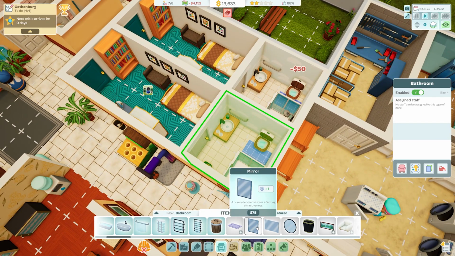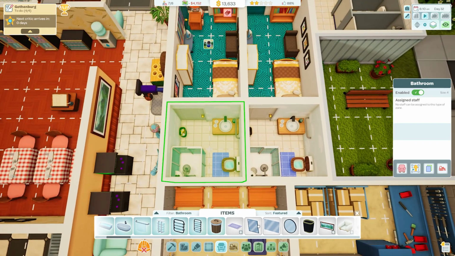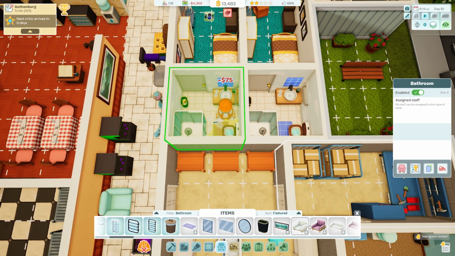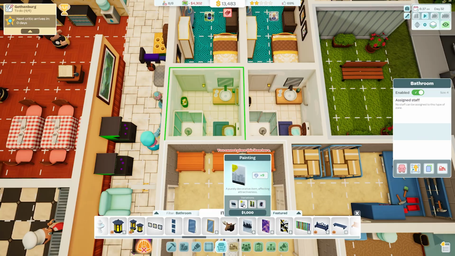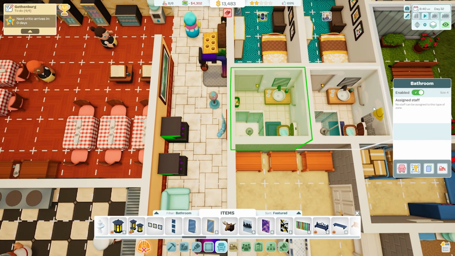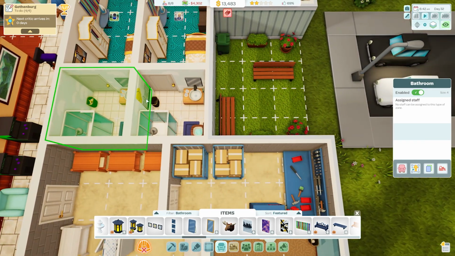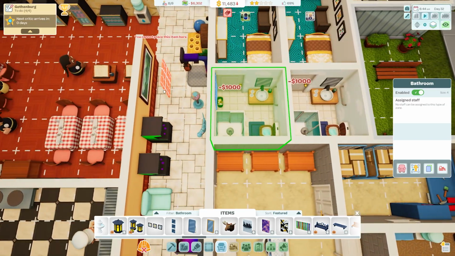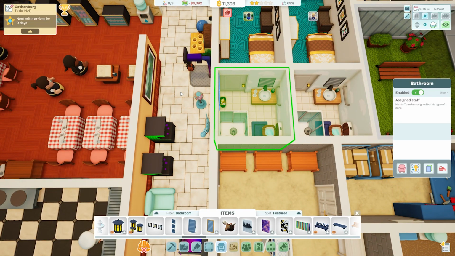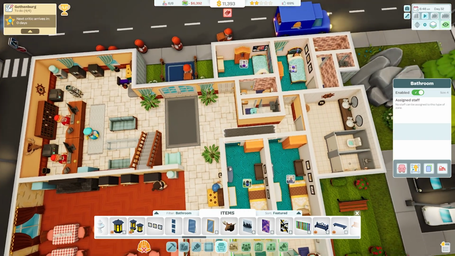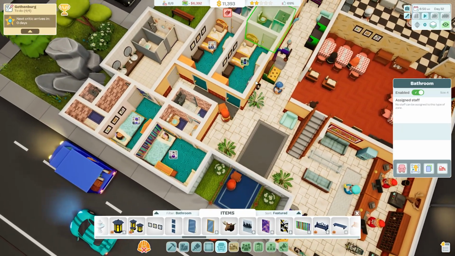Oh yeah, we should have a mirror. There. Ah, that's interesting. You know what? Sure. There. We're at $11,000.